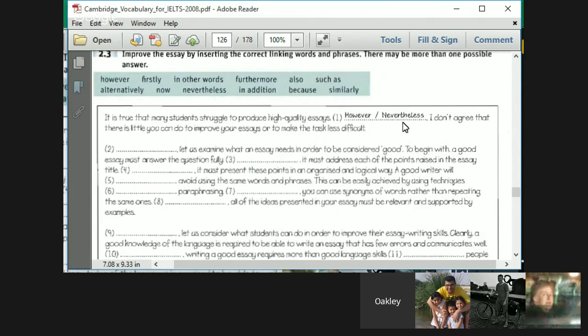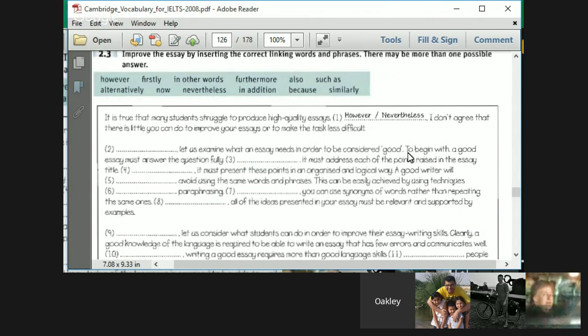Okay, two alternatives. Michael, starting from number 2 here. Firstly, let us examine what an essay needs in order to be considered good. In quotes, good. Yes, very good. Nasser, continue.